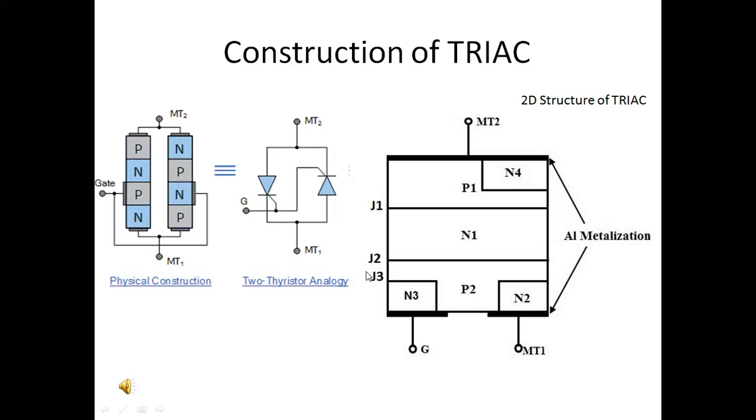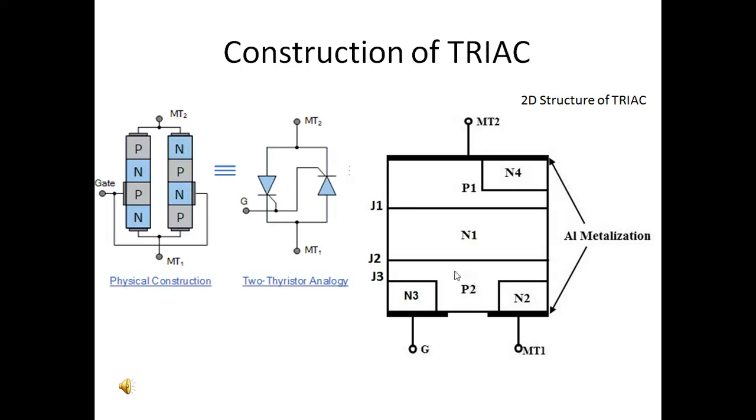In this 2D construction of the TRIAC, N1, N2, N3 and N4 are the four N-type layers, and there are two P-type layers that we represent as P1 and P2.